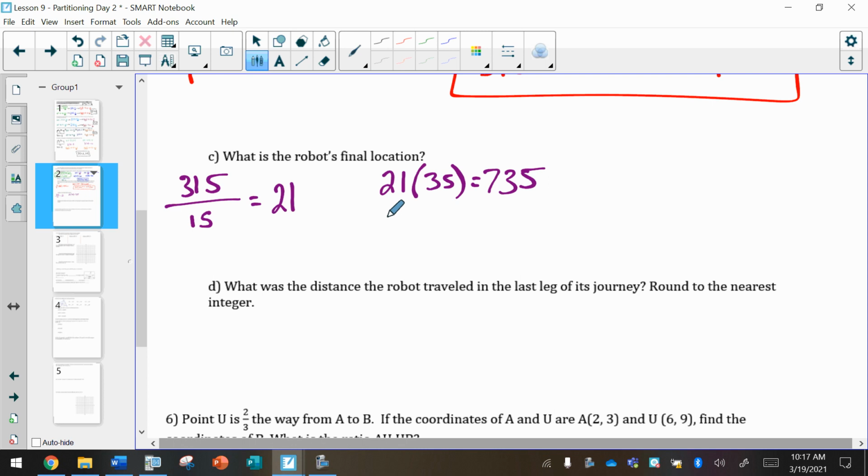For the y values, there are 21 time intervals of traveling. It goes vertically 80 units per time interval. Multiply that and it gives me 1680. So our final stopping point after 315 minutes is an x coordinate of 735 and a y coordinate of 1680.